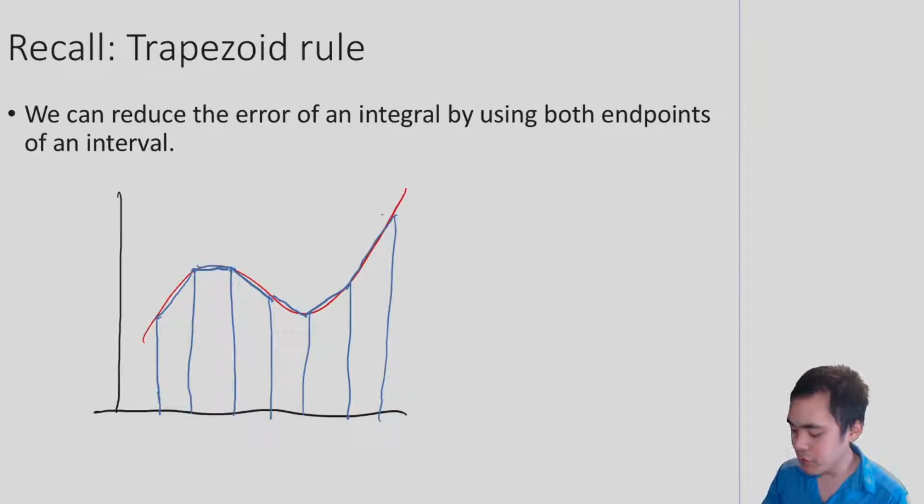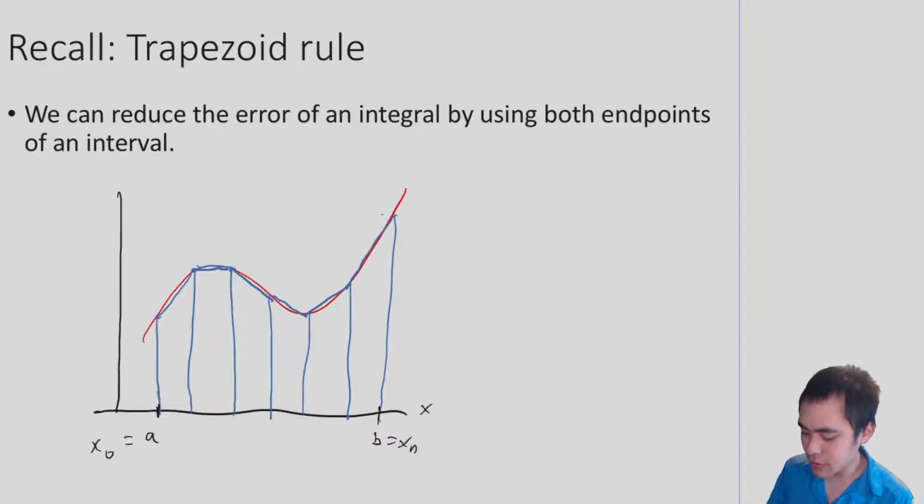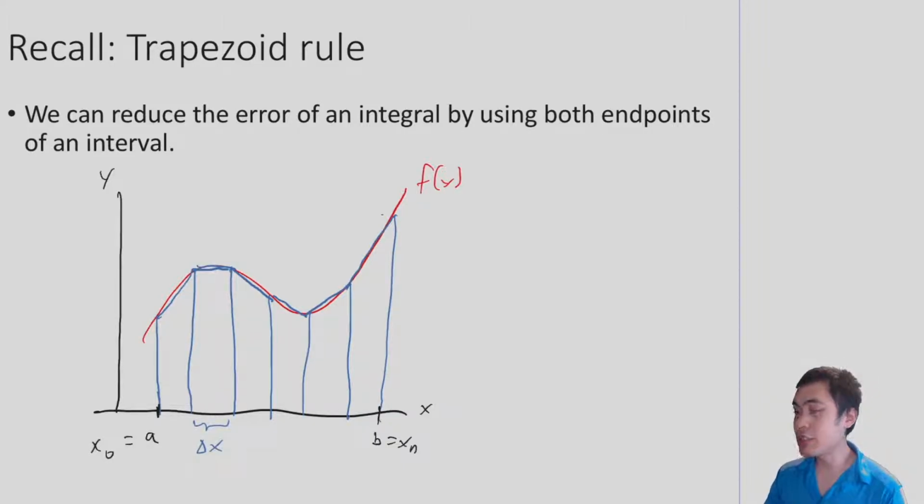And here we still have our starting point a, ending point b equal to x_n, this is x naught, this is x, this is y, and this is a function f of x. And even with these bigger intervals, our delta x, our error in the approximation is a lot closer. So this was the trapezoid rule.